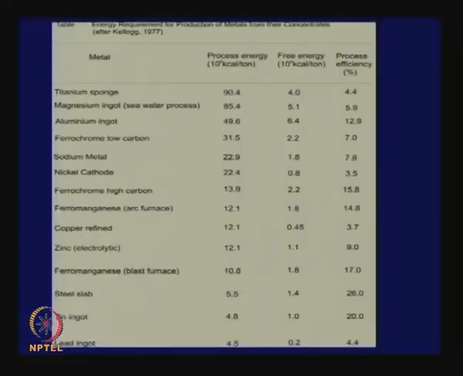If we could get the opposite energy, we produce oxygen and titanium. Now, the free energy of formation is 4.0 times 10 to the power 6 kilocalorie per ton, but the process energy requirement is so much higher, almost more than 20 times higher. Why are we requiring so much energy to break the compound to get the metal?